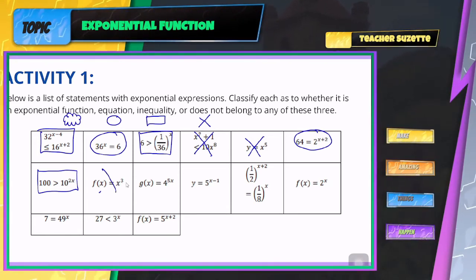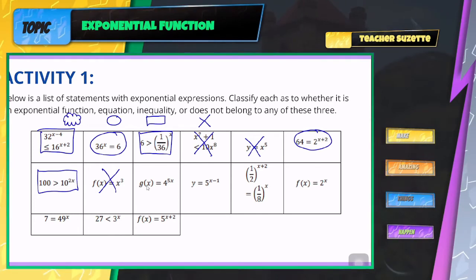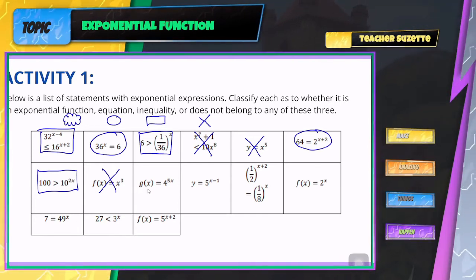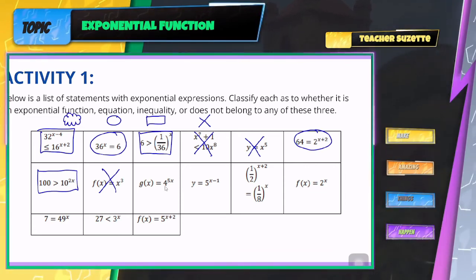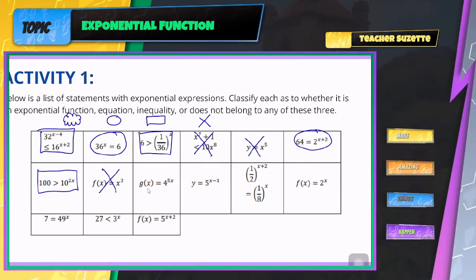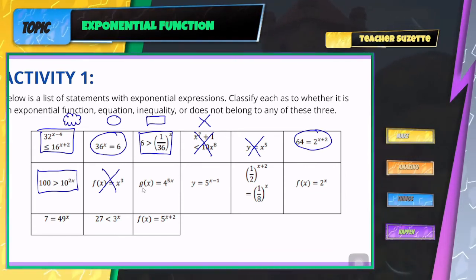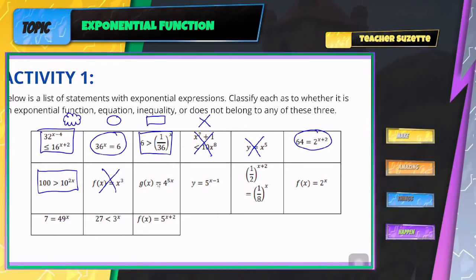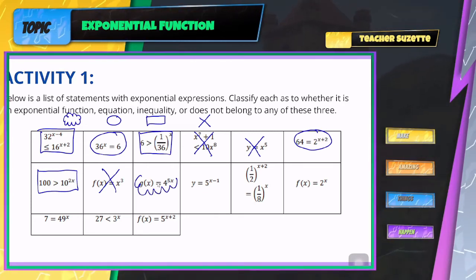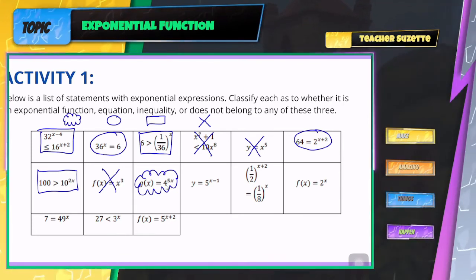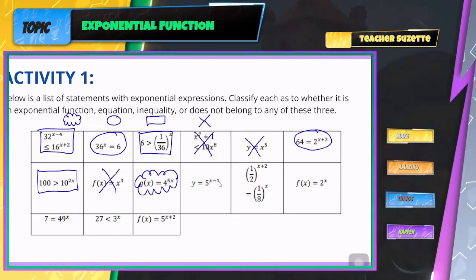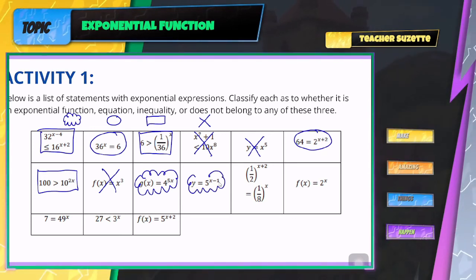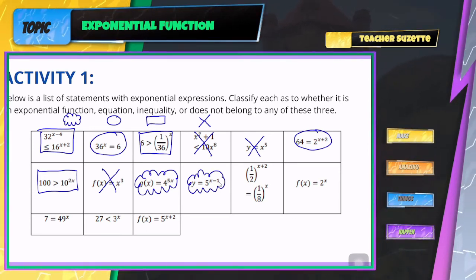So, ang ating base ay x. So, does not belong siya. Then, g of x is equal to 4 raised to 5x. So, 4 naman siya. Then, naka-express siya sa function. So, this is an example of exponential function. Next, y is equal to 5 raised to x minus 1. Ganun din, example again of an exponential function.